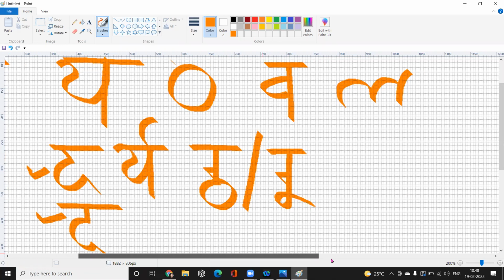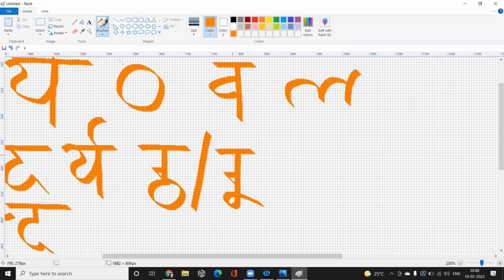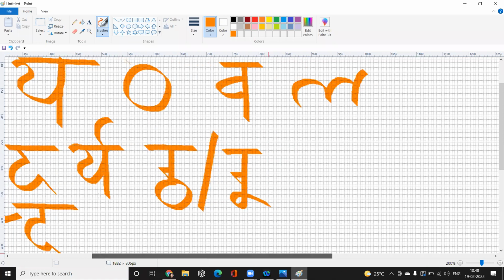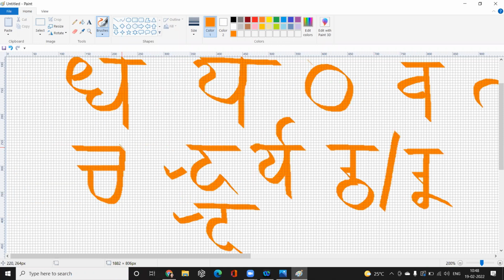So now, since we know that dha would never be written like this under ra, whenever you see a word written like this in any manuscript, it is always going to be ra and tha together. Since we know that ra would never be written like this with dha, it will always be written like this.